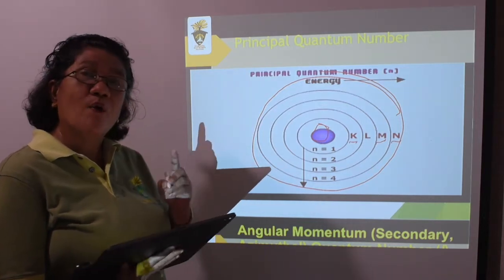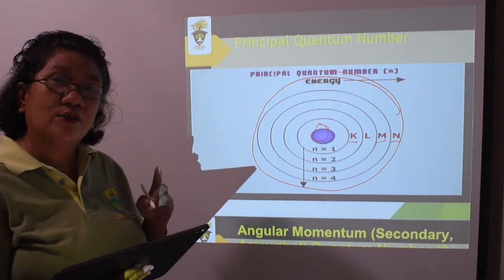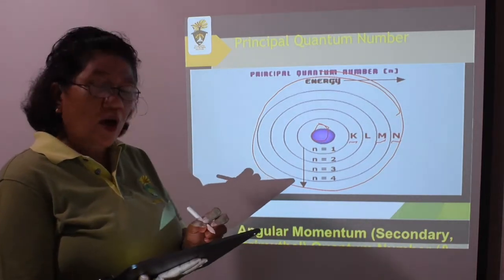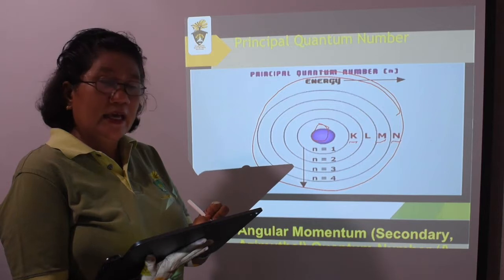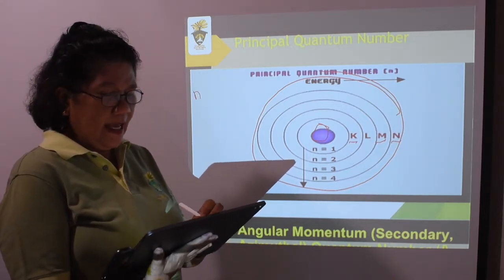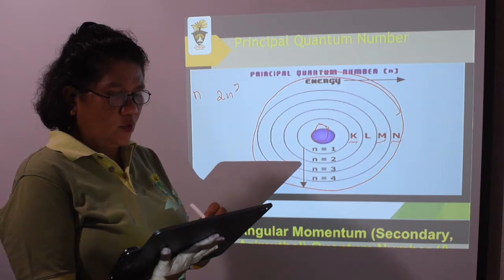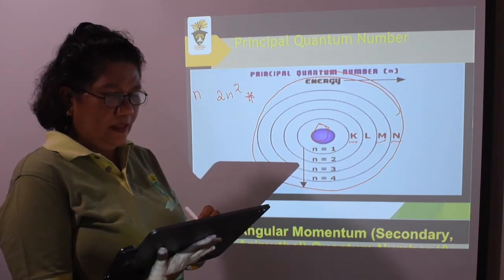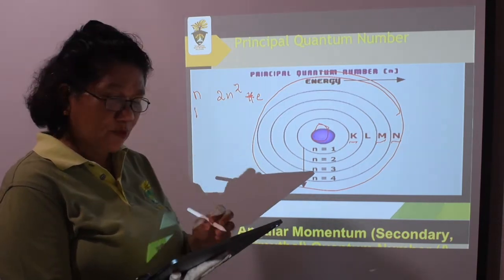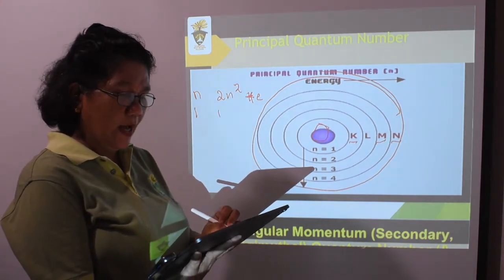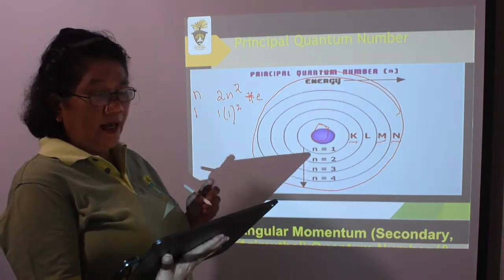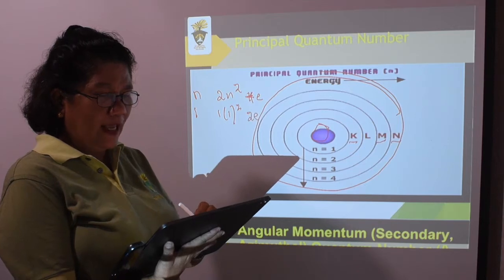Always remember, how are we going to know the number of electrons in every main shell? The formula is 2n squared, which gives the number of electrons. When n is equal to 1, 2n squared is 2 times 1 squared, which is 2 electrons.